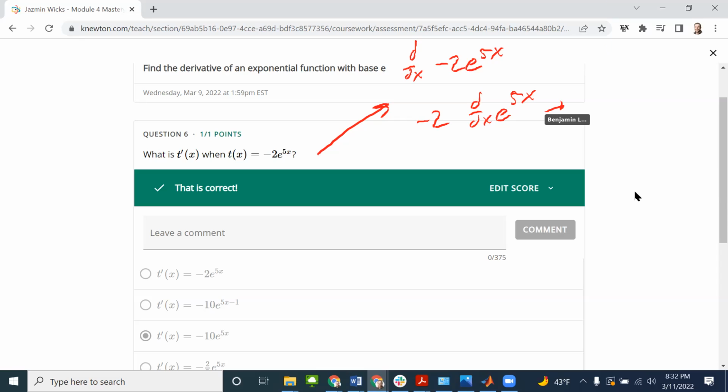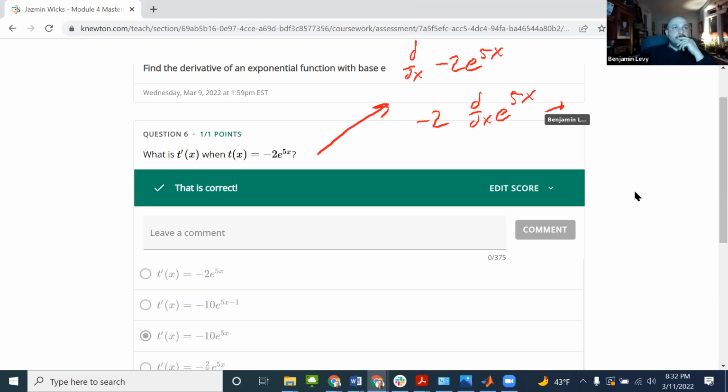So were you going to say something, Jacob? I was going to say, no, I got the constant rule as well. Okay, awesome. So this is similar to the one we were pointing at on one of the last ones, where it's an e raised to a function. And so we want to use the e rule, but it's another chain rule.